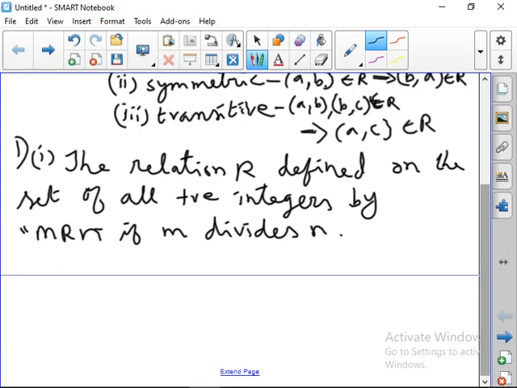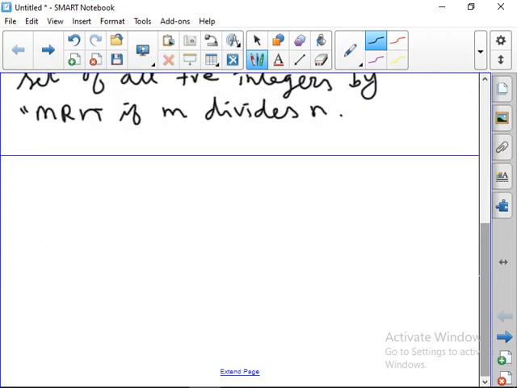Okay, so this is the relation. So now we are going to check whether it is an equivalence relation.